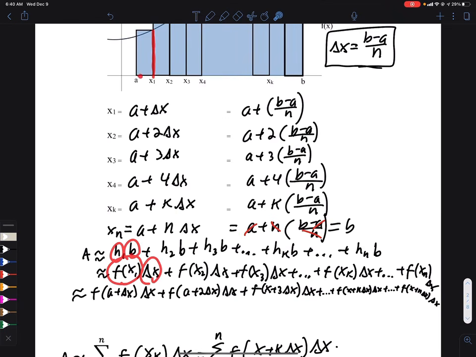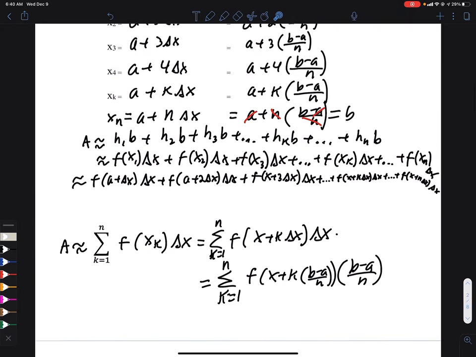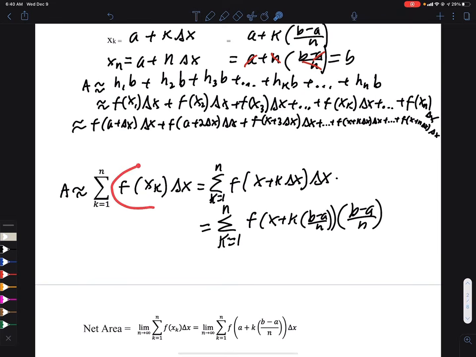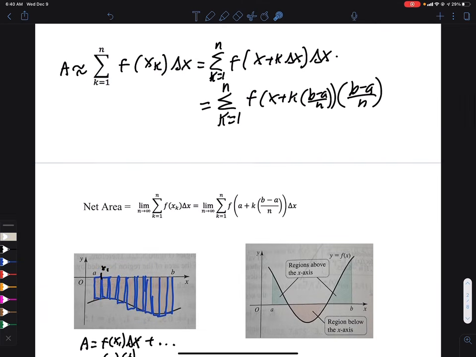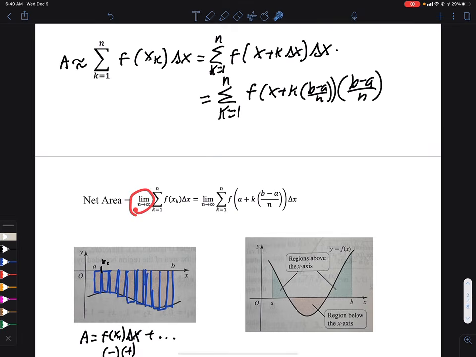Delta x represents the width of that rectangle. And you multiply them, and you get the area of the rectangle. So this is the height and width of a rectangle, and this is you add up all the rectangles from beginning to the end. Then we said we take the limit as n goes to infinity, and that made the rectangles get smaller and smaller where delta x approached 0, but we saw the error approach 0, and we call that the net area.